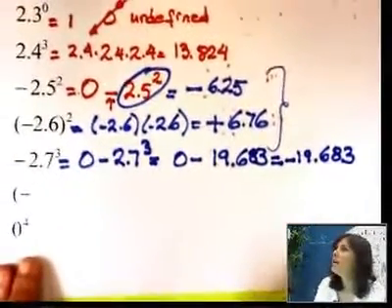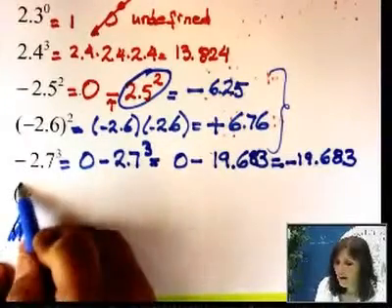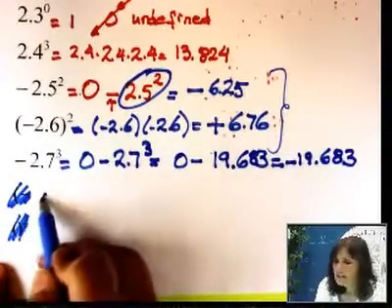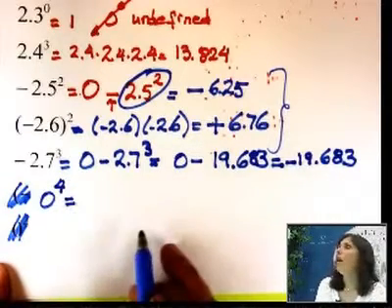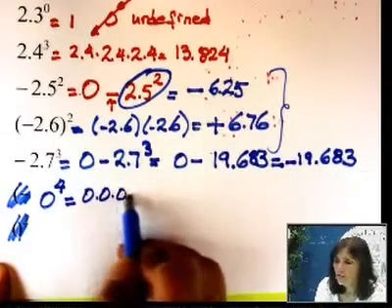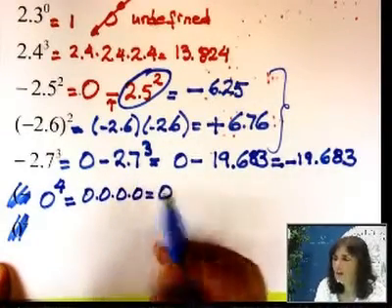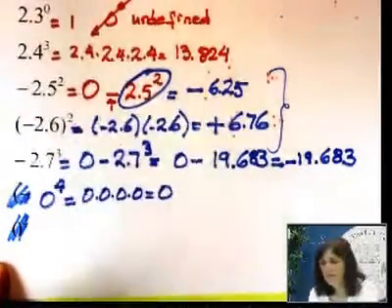This one has a problem with this, so let's do this. 0 to the 4th power. So 0 to an exponent means 0, 0, 0, 0. 4 times you get a 0. So don't mix this one up with this one.